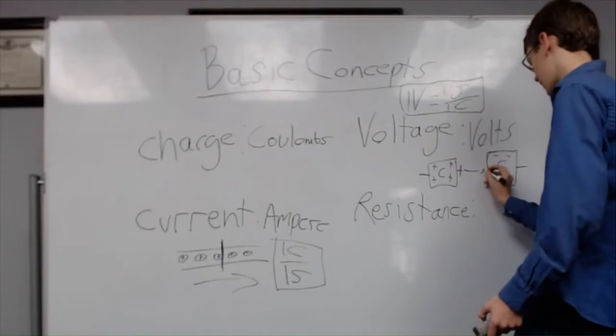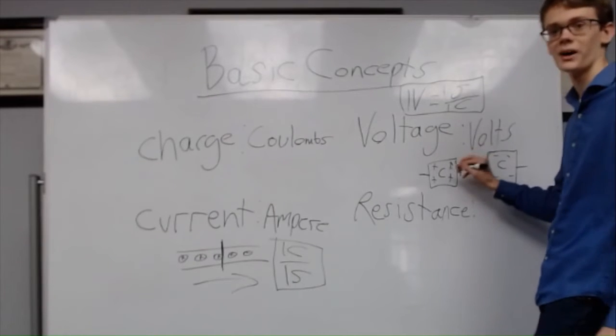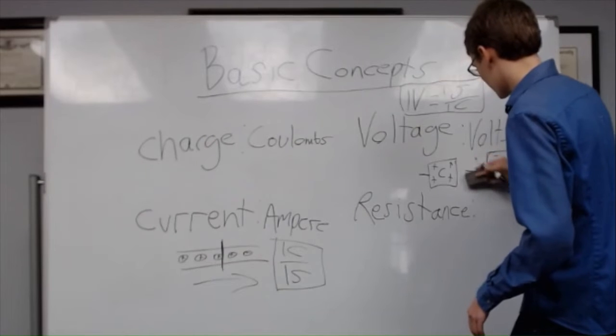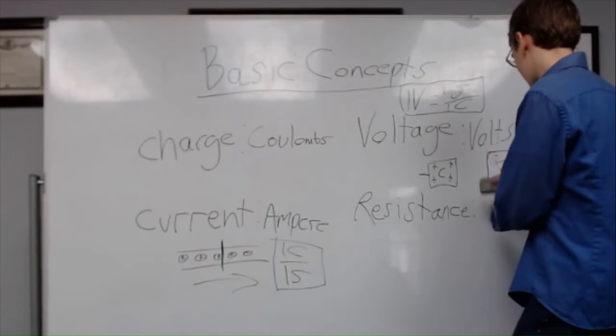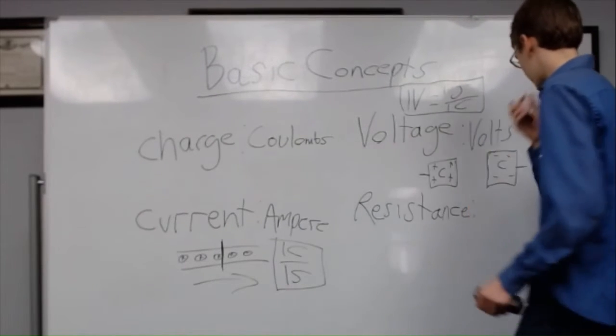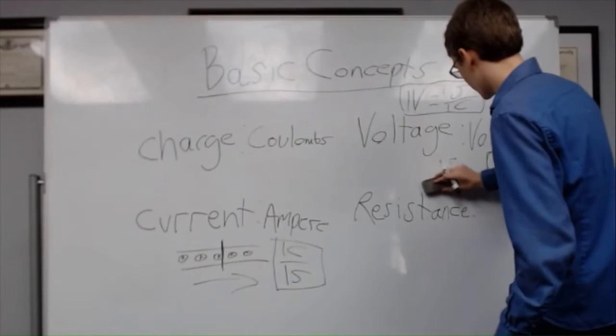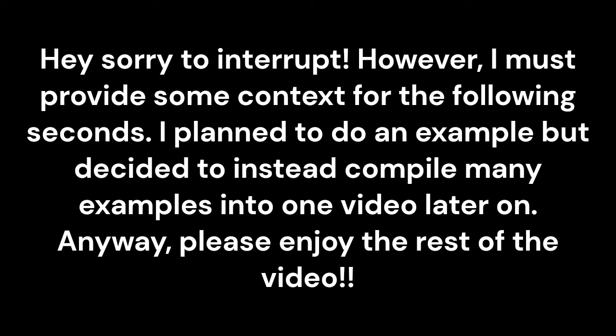This is not only going to be attracted by this, but it's also going to be repelled by this charge. So it's going to have a lot of energy as it's accelerating through there. Yeah, for an example, let's get rid of this guy right here.